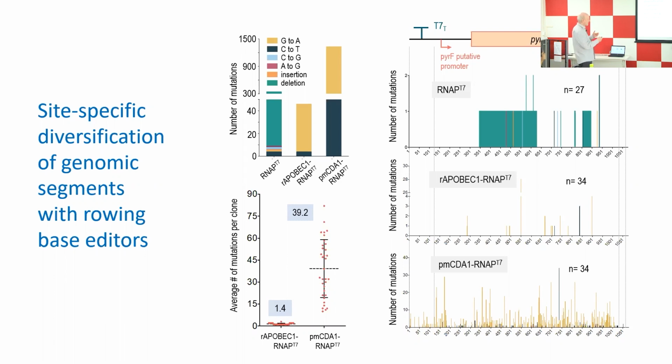So what we did as a kind of proof of concept was to take this gene, flank it with a T7 promoter, and then apply this kind of rowing, say, passage of T7 polymerase linked to a cytosine deaminase, this base editor, and then what we obtain is a segment of DNA that has many mutations.